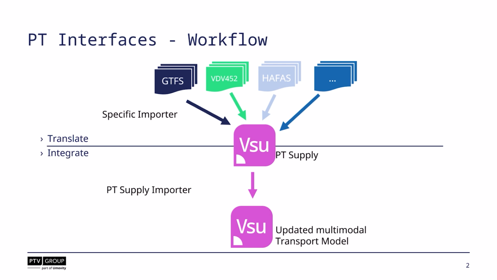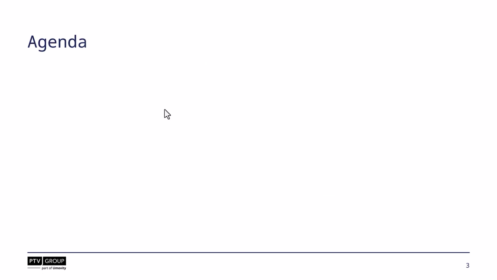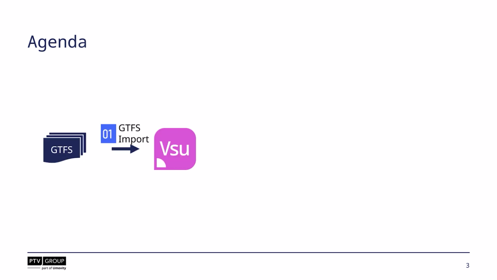It might be already translated by the specific importers into a Visum file, or it might be a Visum file exported from another application, maybe like PTV Lines. Today, I will give you a tour showing different workflows for importing PT supply. We will start importing GTFS files into Visum.